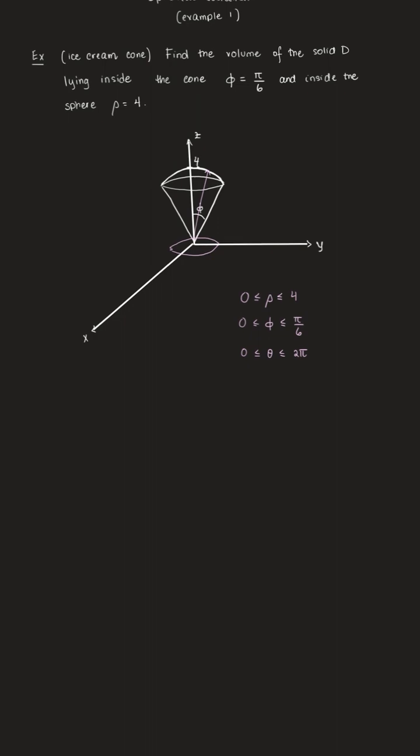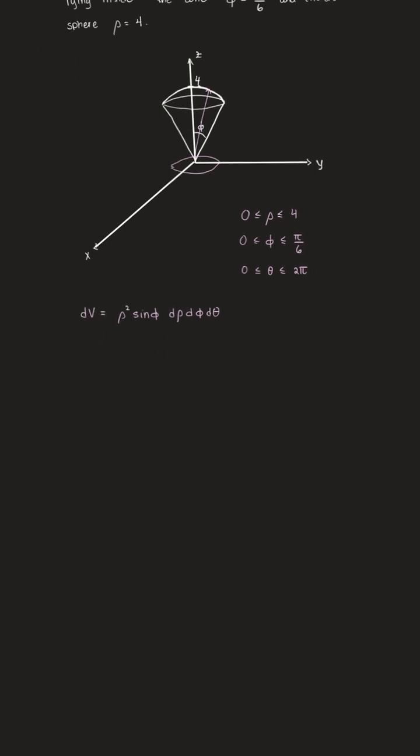Let's go ahead and set up our integral. Just a reminder that our volume differential, the part we don't want to forget, is rho squared sine phi, d rho, d phi, d theta. This is just a volume, so our integrand will have a value of 1.